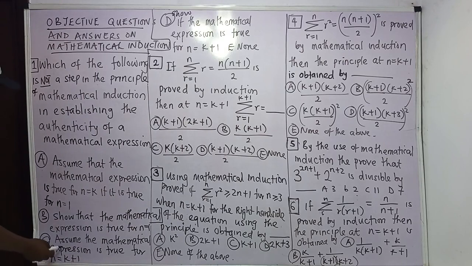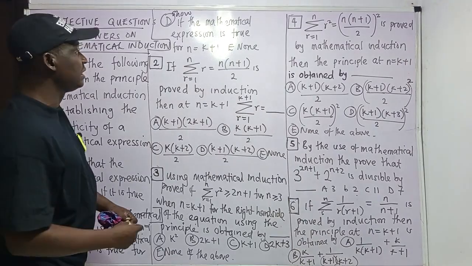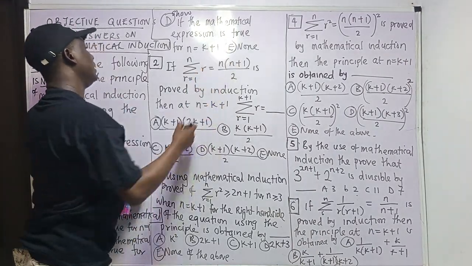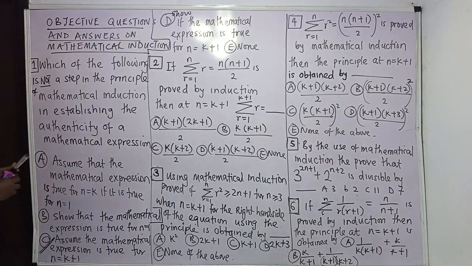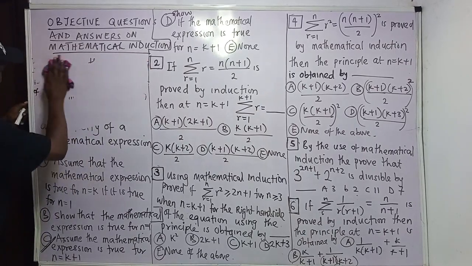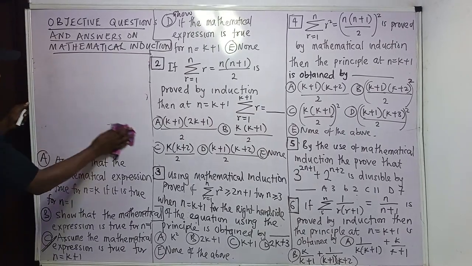That means assuming the mathematical expression is true for n equal to k plus 1 is wrong. So option C is wrong. Let's go to number 2. I have to take this one off so I can have space for number 2.